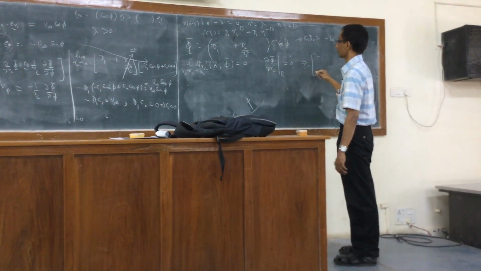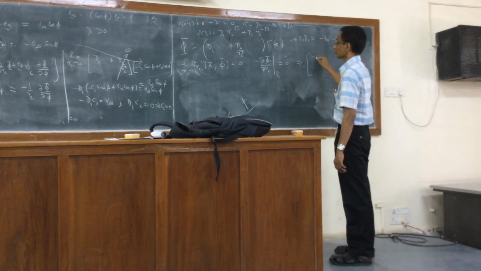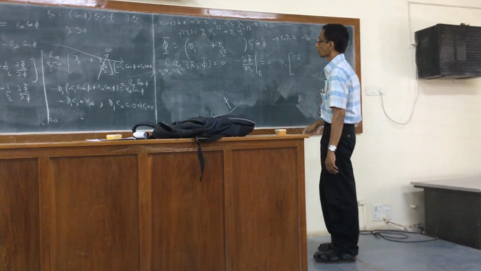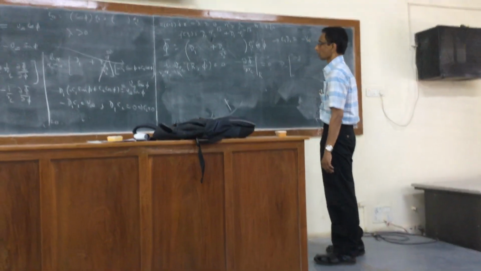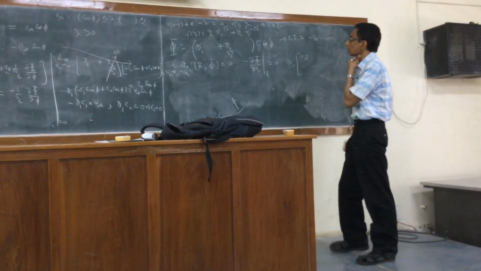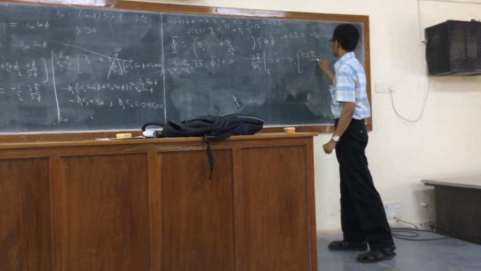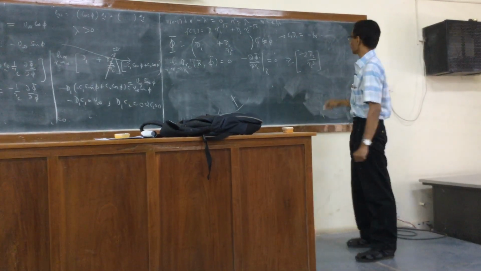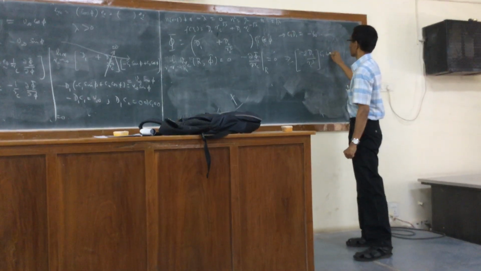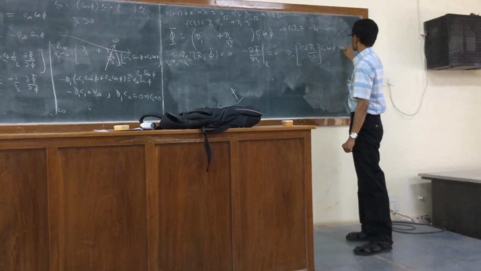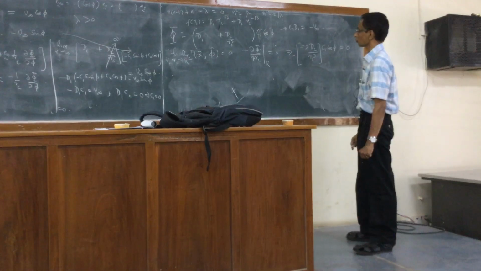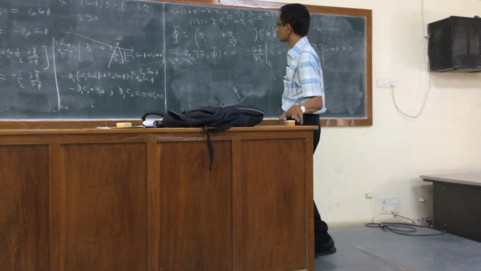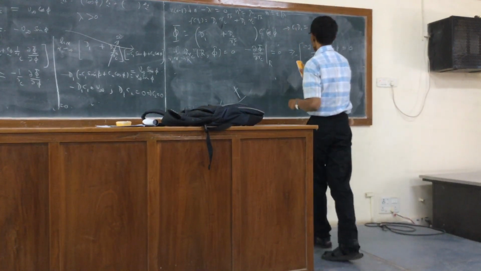So d phi by dr would be minus 2 D2 by R_c cubed, times C1 cos phi, which is actually equal to 0. Oh, something is wrong.